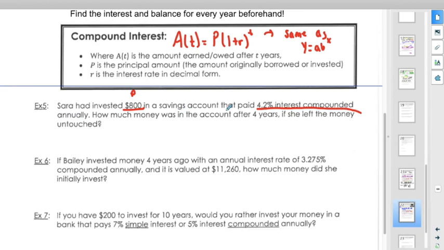How much money was in the account after 4 years if she left the money untouched? So this keyword, compounded, that tells me which interest formula to use. Am I going to use compound or am I going to use simple? Well, I'm definitely going to use A of t equals P times 1 plus R to the t. So I'm going to be using this formula here.